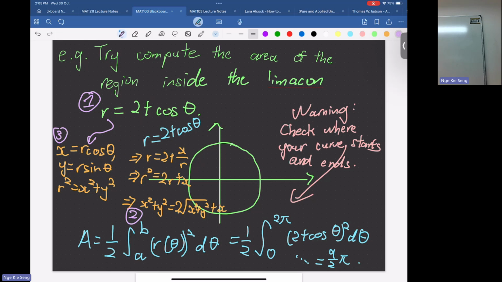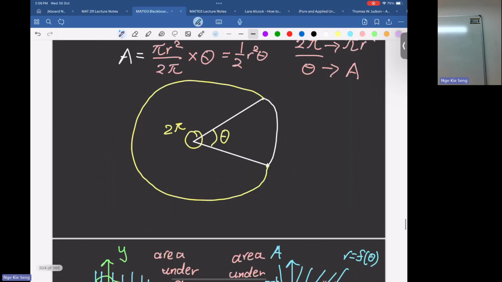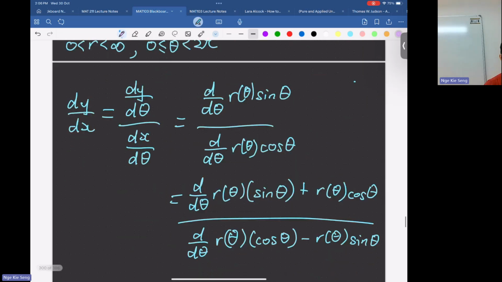And then you change to polar coordinates, and you will deduce another formula for dy over dx in terms of r and theta, where remember we calculated using the product rule. Let's scroll up a bit. This is what we started just now, this one, the product rule. So we find dy dx can also be in terms of r and theta, because we got the product rule from the chain rule before.